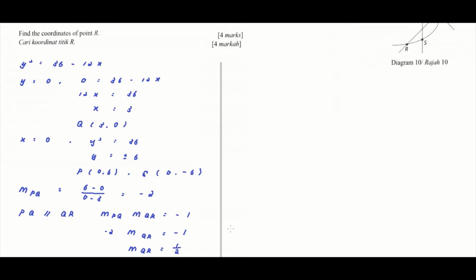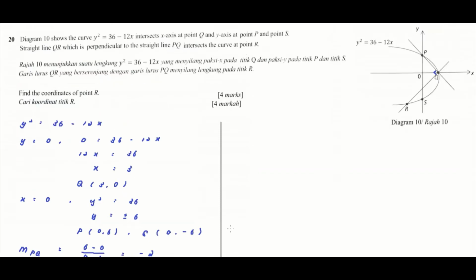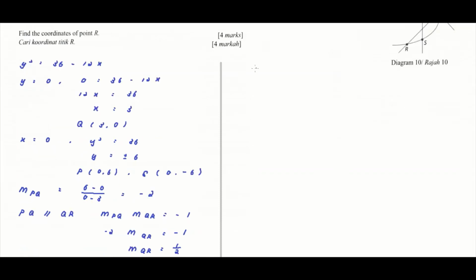From that, I can use my coordinate for Q to find out my equation now. Q is (3, 0), and I know that the gradient for QR is 1 over 2. By using the formula, y minus 0 equal to 1 over 2 times x minus 3.